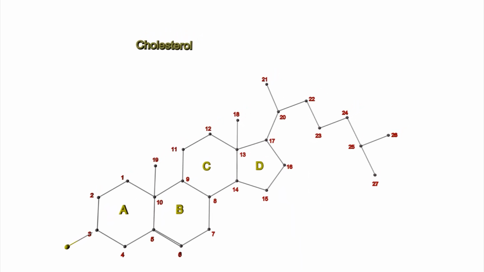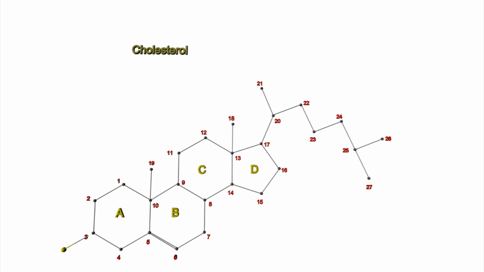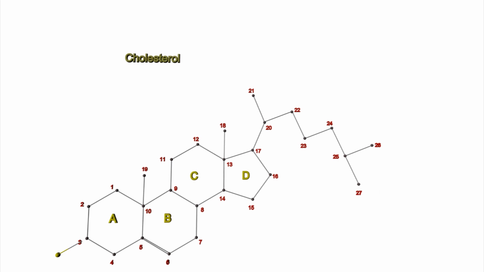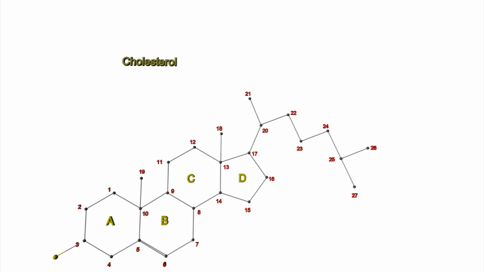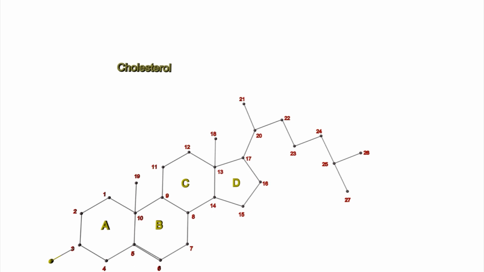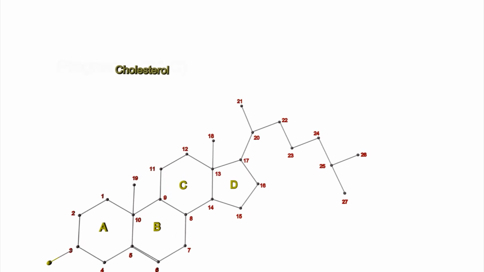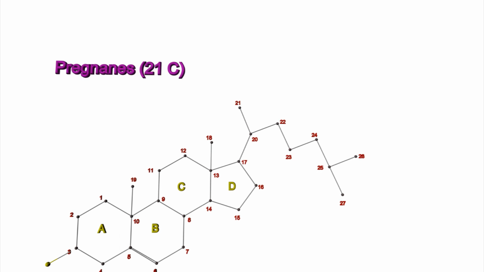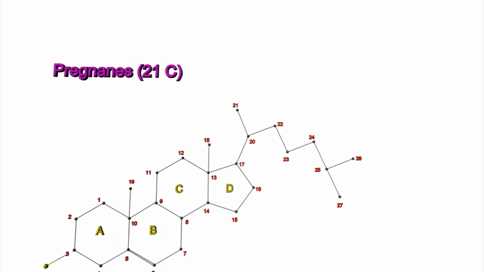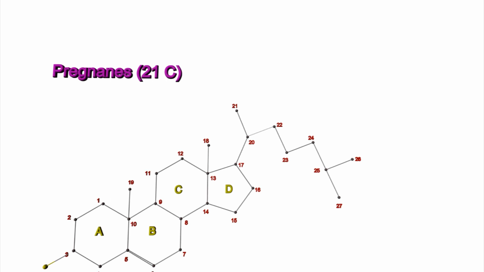The first general change is to convert the 27 carbon cholestane structure to a 21 carbon structure. All compounds with 21 carbons constitute a class of steroid called pregnanes, and the conversion takes place by hydrolyzing the bonds between carbons 20 and 22.